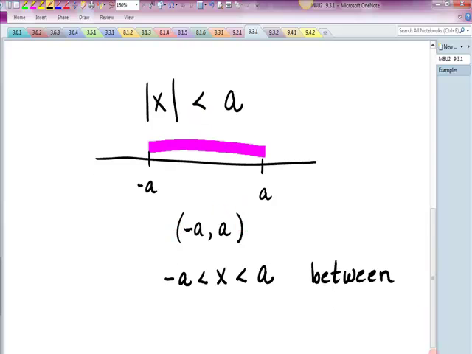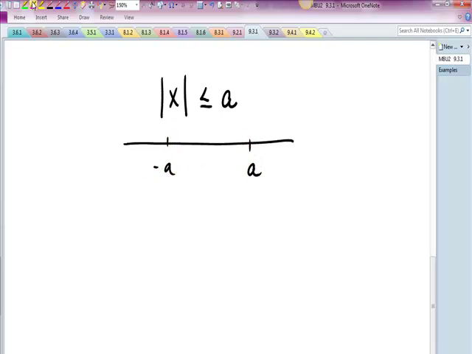If instead you had the absolute value of x is less than or equal to a, then on the number line, where I have negative a and a, it will have a bracket, and it will be everything between them.